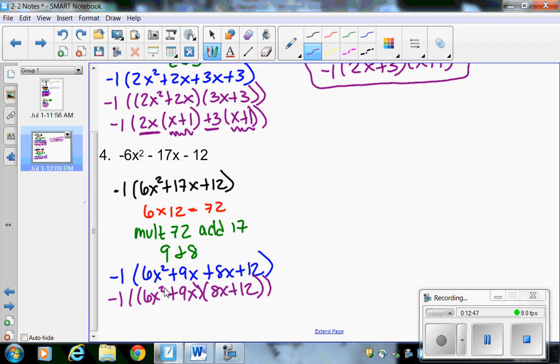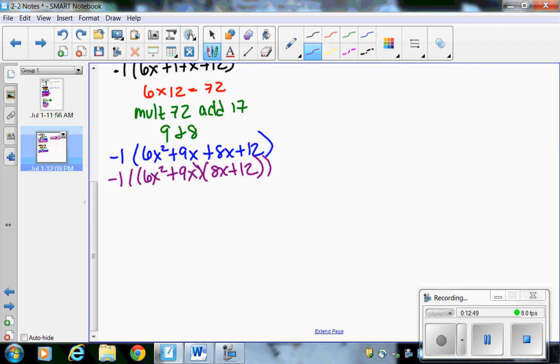So what's common between 6x squared and 9x? I can factor out a 3x, which is going to leave me with 2x plus 3. What's common between 8x and 12?